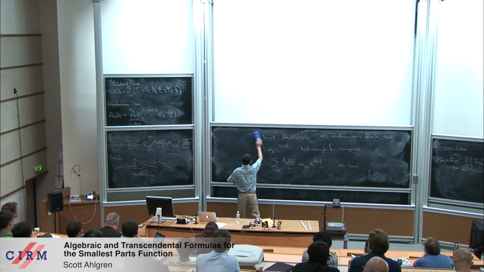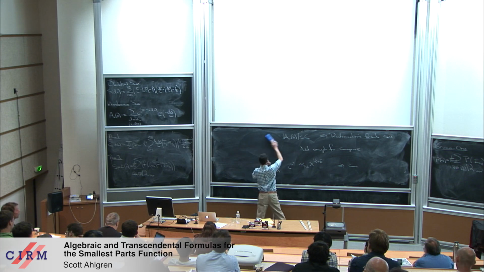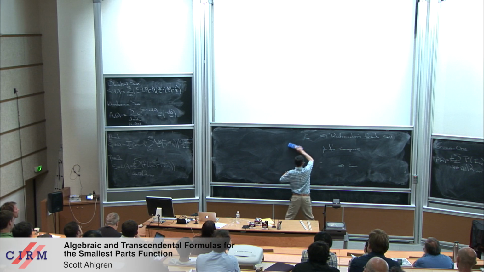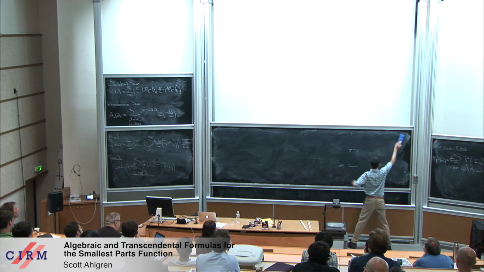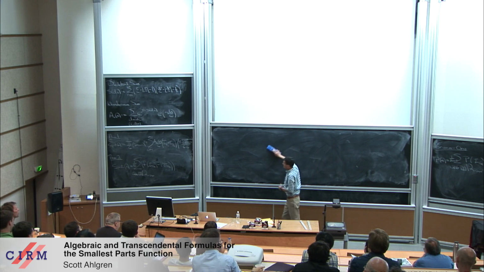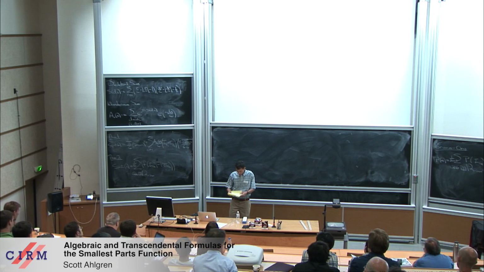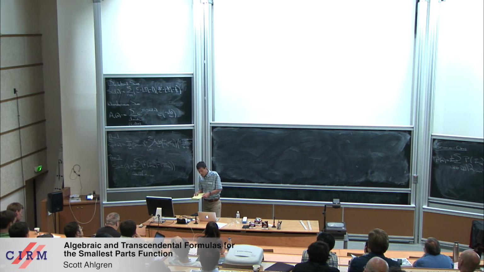This relies on the theta lift, which, as we heard this morning, is a big, beautiful, and useful machine. And this theorem follows more or less directly from an application of a theta lift of Bruinier and Funke.